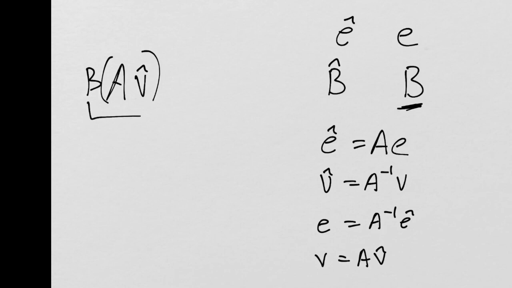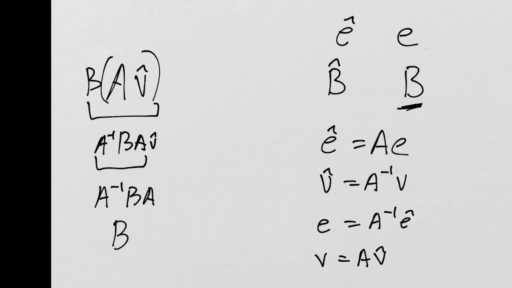And then the result is B A V hat, and that result is in the unhatted basis. And then it's the components in the unhatted basis, so I just move them to the hatted basis this way. And now I look at that and I say A inverse B A, well, that is going to be the hatted version of B, and it operates on V hat. So B hat, the transformation, is a similarity transformation with the matrix A driving the similarity transformation.